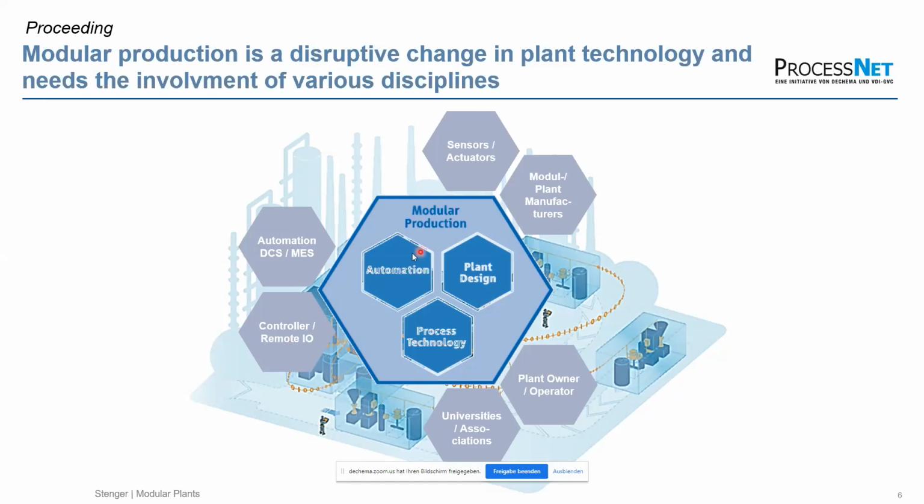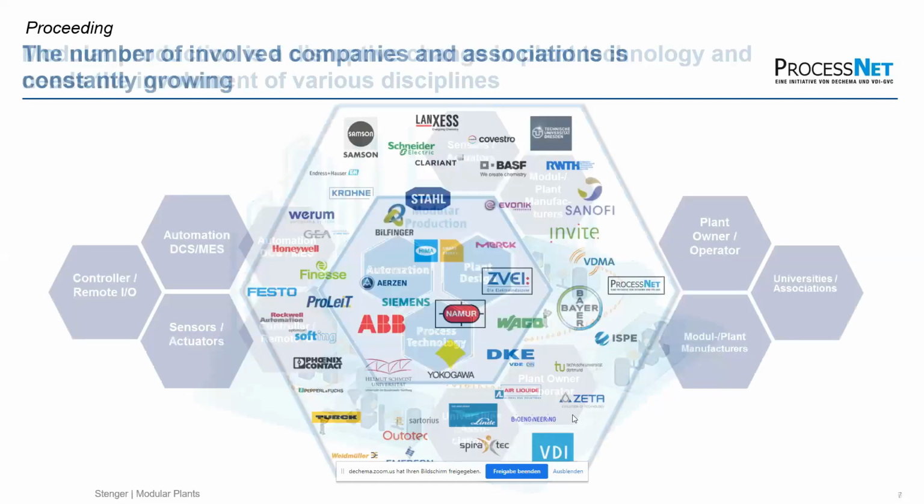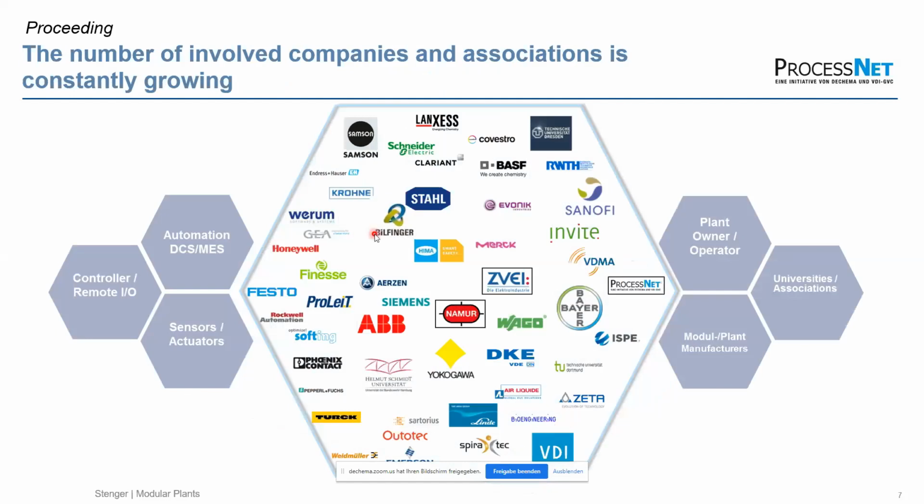So we need the input of all the players that you see around here: automation, controller, sensors, module plant manufacturers, plant owners, and of course universities as well. So all these disciplines are now working together in a big round table. And if you look at all the companies that are already involved, you see there's quite a broad interest in bringing that know-how and that technology further into market.